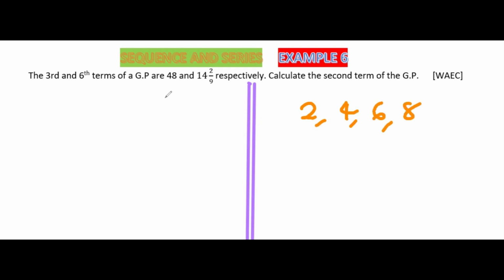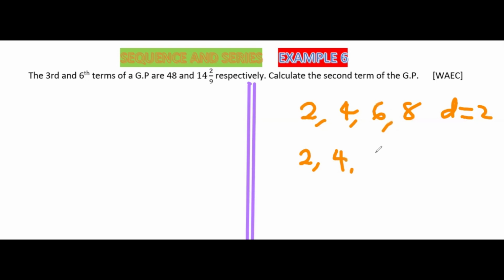That means this sequence grows by addition of 2. But if it is GP, instead of addition of 2, it will be multiplication of 2. Here the common difference is 2: 4 minus 2 is 2, 6 minus 4 is 2, 8 minus 6 is 2.